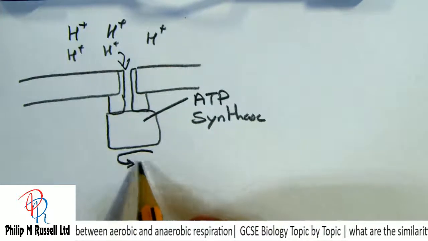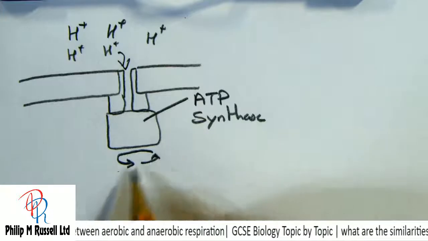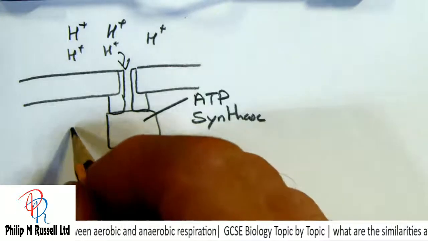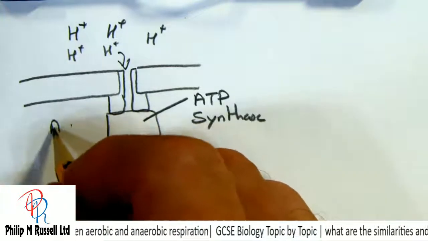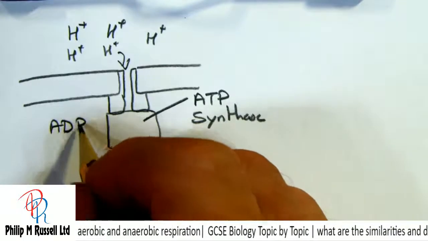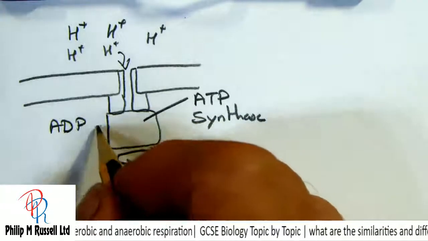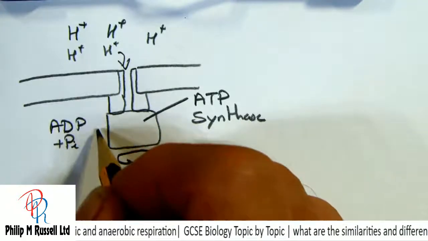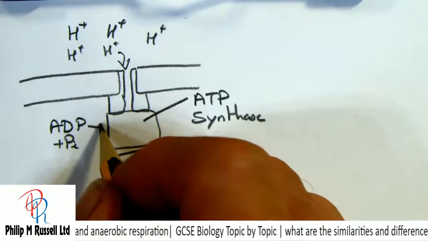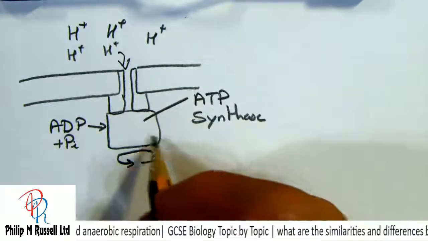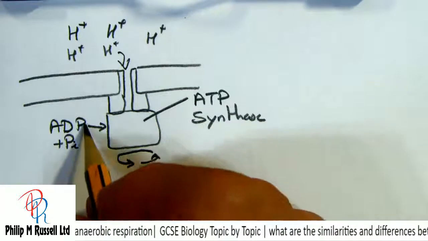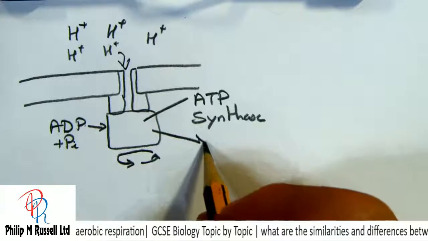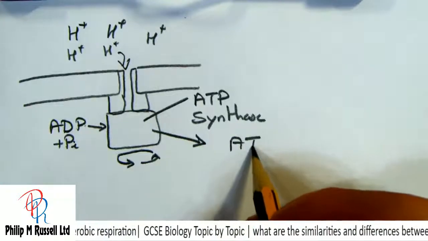This bit turns, and what happens is a molecule of ADP comes in, I'll show you what that looks like in a moment, plus phosphate, and as it's turned, these two are pushed together and out pops ATP.